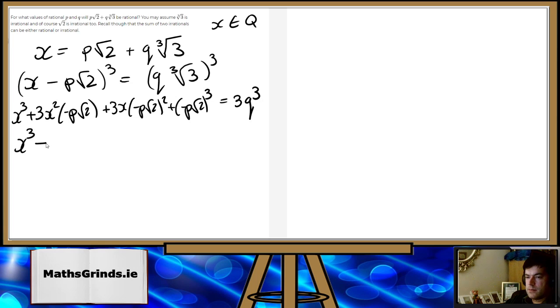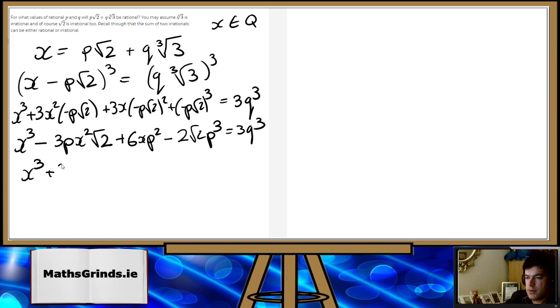So x cubed minus 3px squared root 2, plus 6xp squared, minus 2 root 2 p cubed equals 3q cubed.